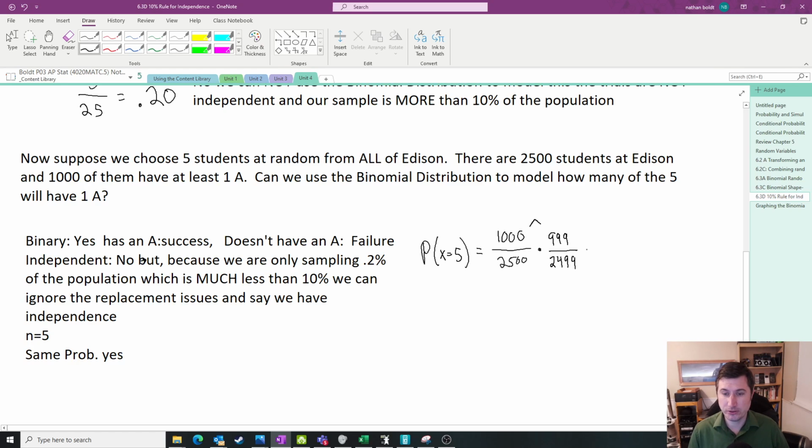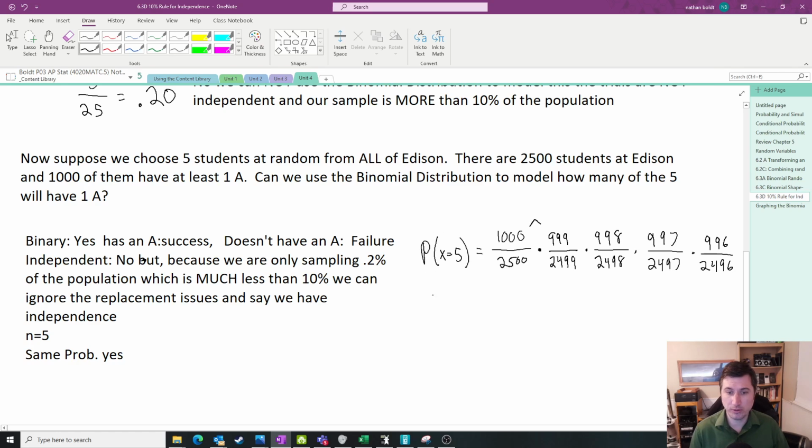So what is the probability that all of these 5 random people that we pick have an A? Well, we got the first 2. Then the next kid, because I've taken out 2 that have A's, now there's only 998 with an A out of 2,498. And each of these just keep going down by 1. 1, 2, 3, 4, and 5, 996 over 2,496.